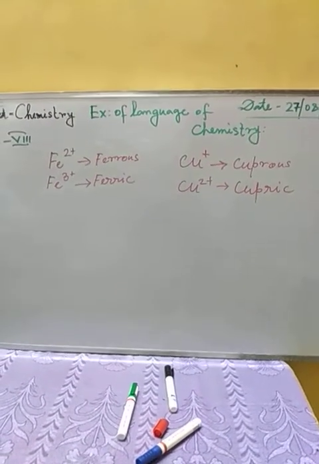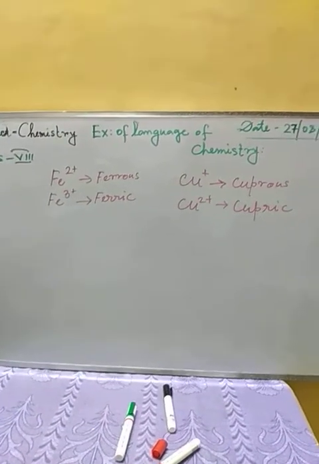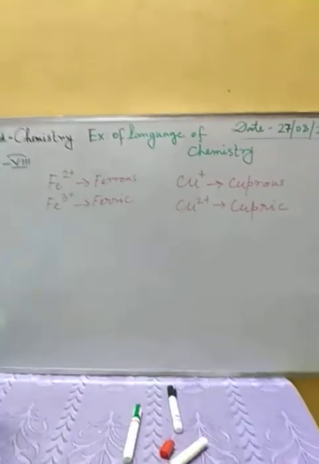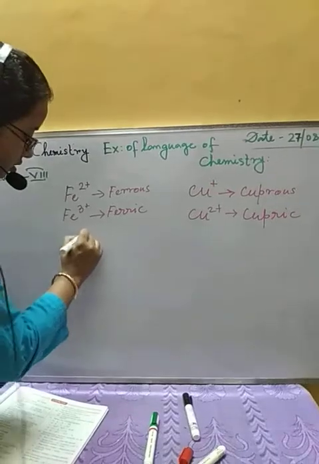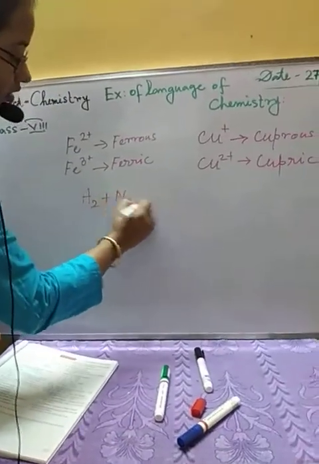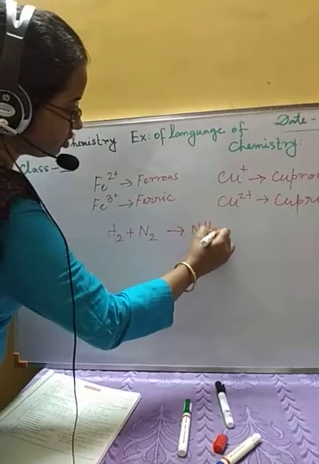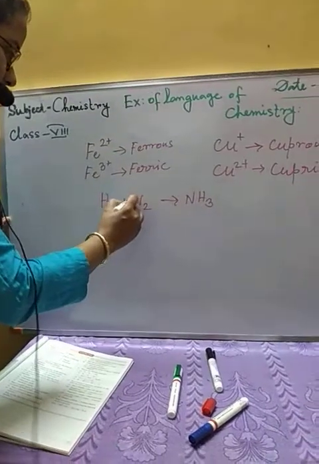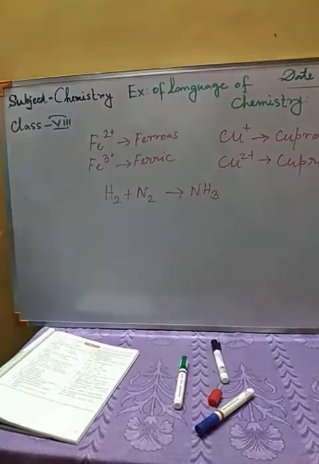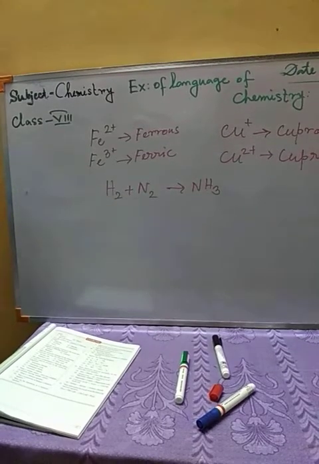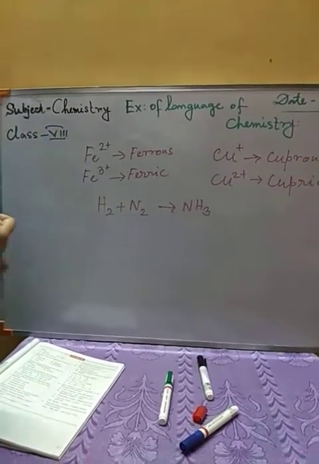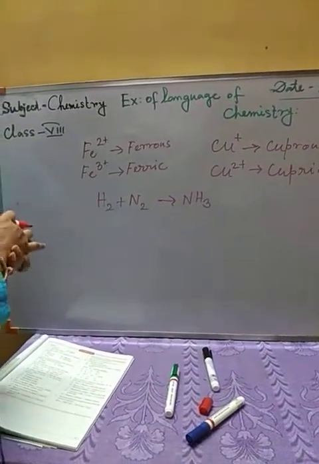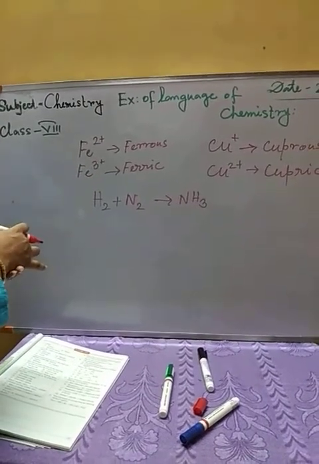To differentiate between reactants and products, you can take an example of any reaction, suppose the reaction between hydrogen and nitrogen to form ammonia, NH3. This reaction you write in both the columns. When you are differentiating between two substances, as we generally do, you have to make a column.